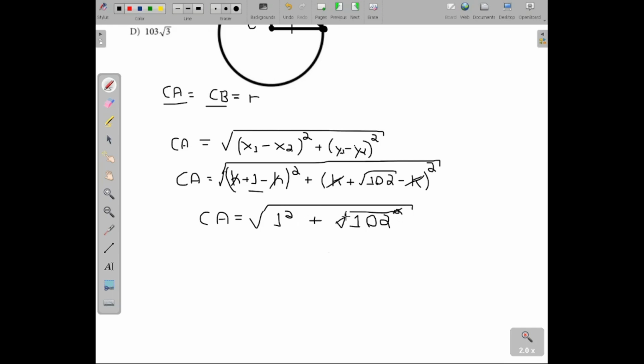Here we can cancel out the square root, so CA will be equal to square root of 1 plus 102. Finally, we can say that CA is equal to the square root of 103.